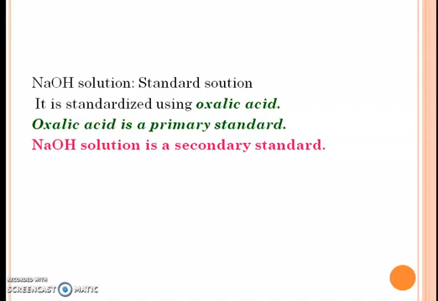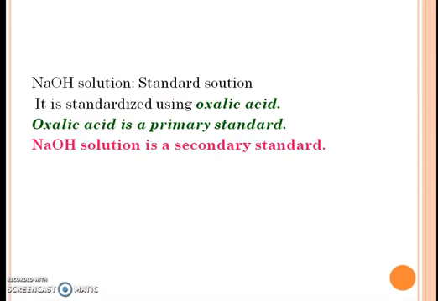Why is it necessary to standardize NaOH? Now suppose we have prepared the solution of NaOH as 0.1 normal. Now if we perform the titration of H2SO4 with 0.1 normal NaOH at the next stage, then there are chances that NaOH may absorb carbon dioxide from the air and its concentration may deviate from 0.1 normal.